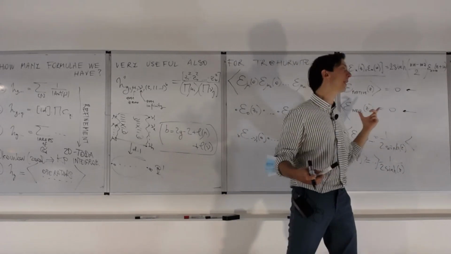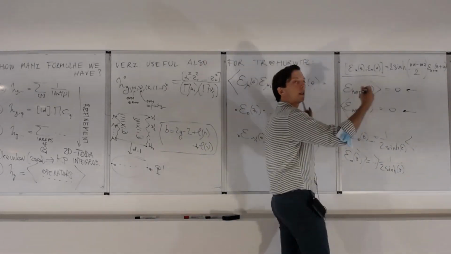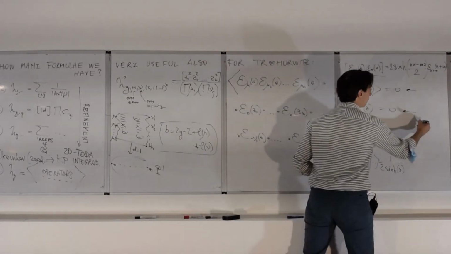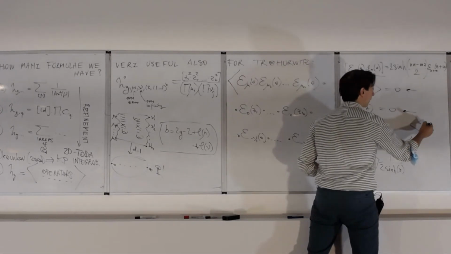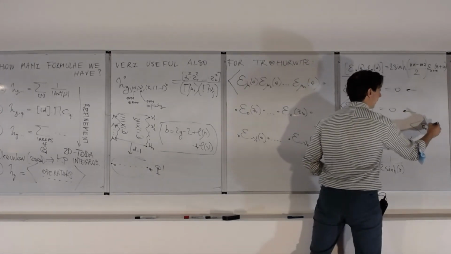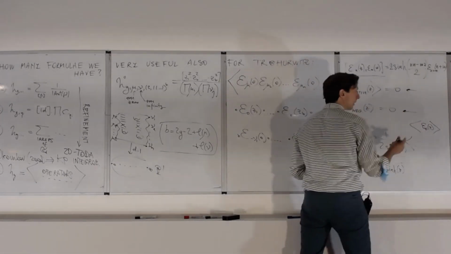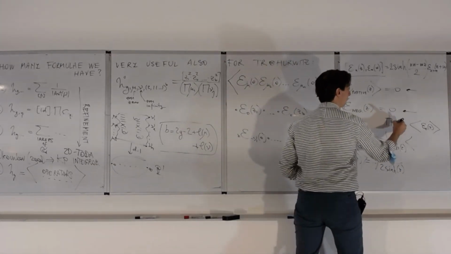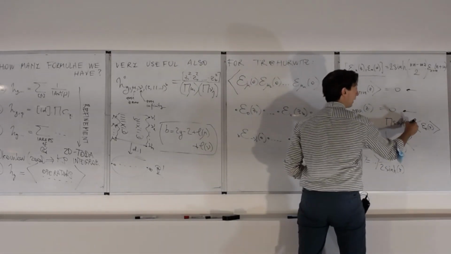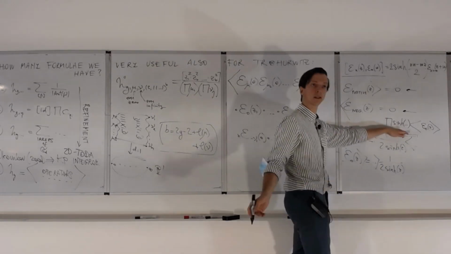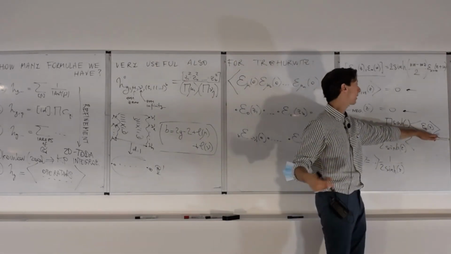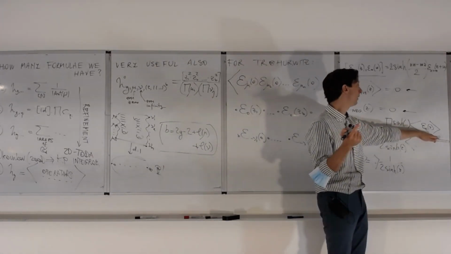So you would expect that at the end of the day, at the end of this big process, you have a vacuum expectation of E0 of z, and here you have a product of many hyperbolic sines with many stuff in it. This is going to be a big mess. But at the end of the day, you just have the vacuum expectation of 1 E0. And what do you do?